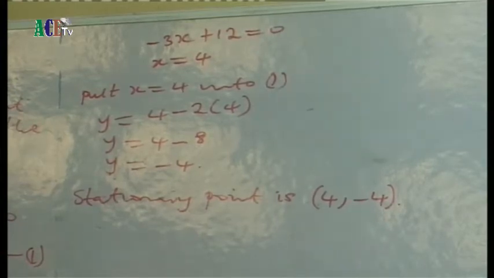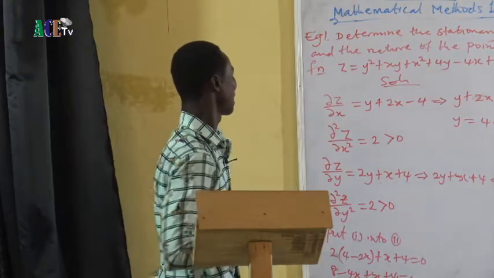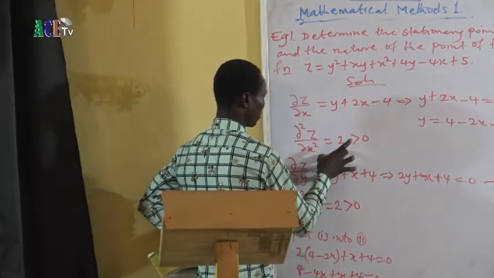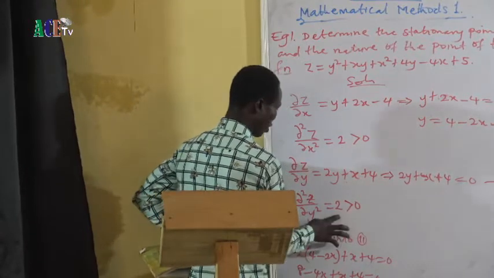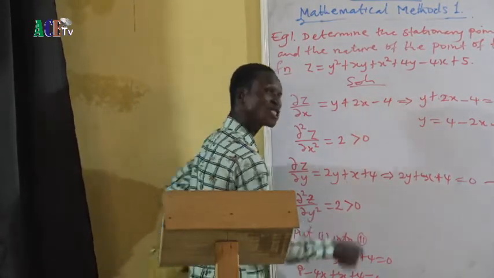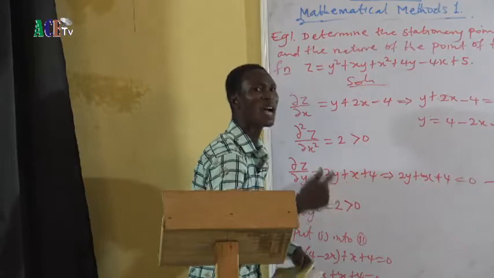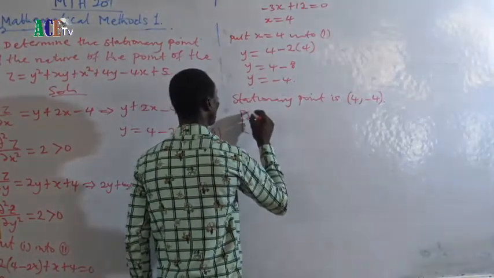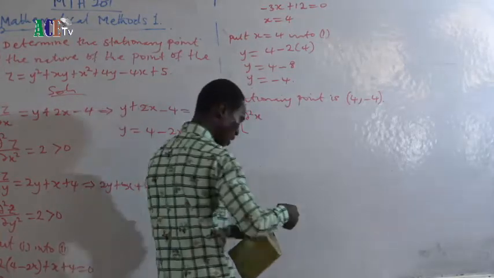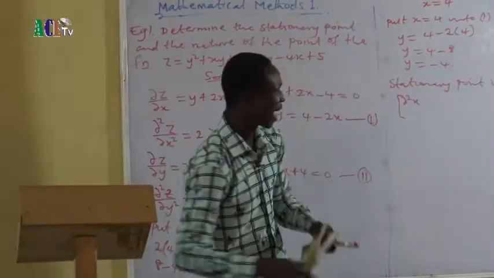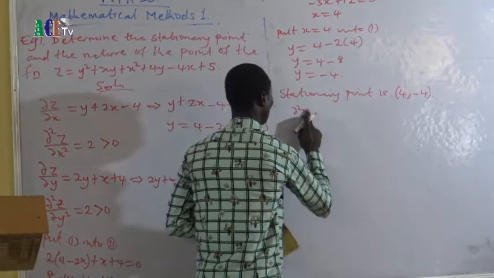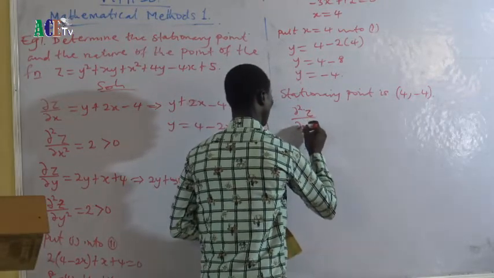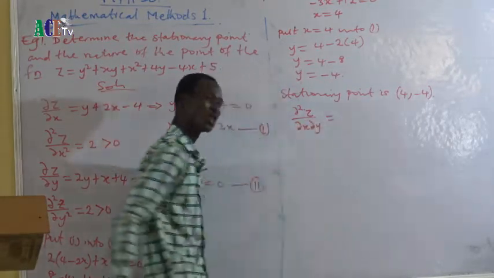I've continued the work I wanted to do. Now, this is my second derivative with respect to y. It's positive. Now, let me look at the other condition. What is the value of d squared z by dx dy?